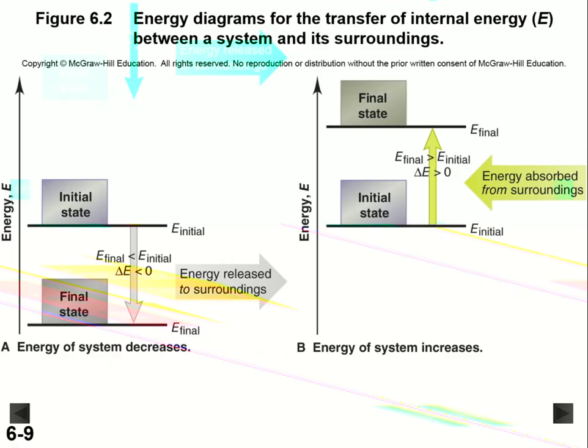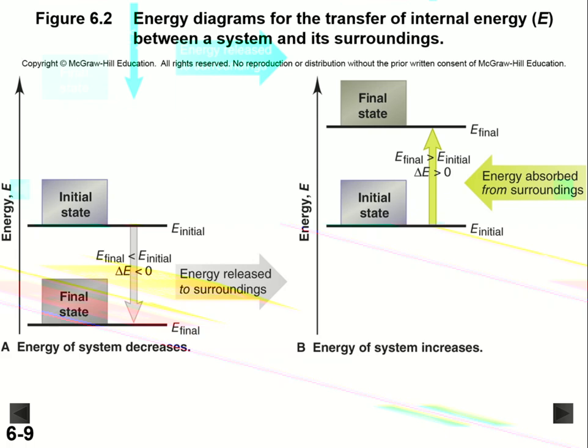And after the process occurs, the chemical reaction is complete, then we have our final state of the system, which is the brown box on the bottom. That might be the products of our chemical reaction, and they are at the energy state E final. In this case, we see E final is less than E initial.